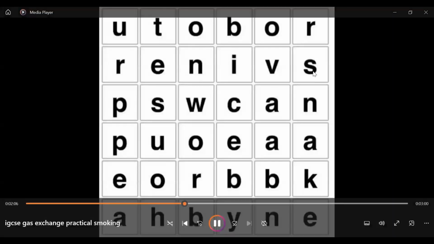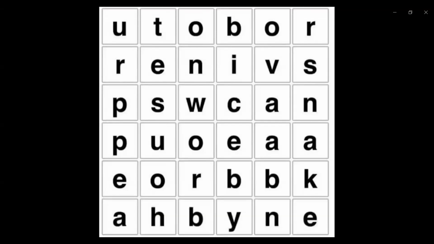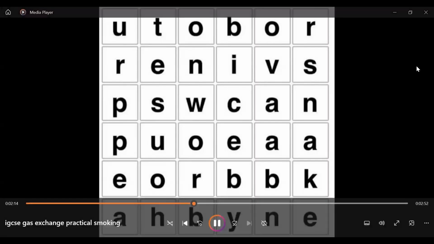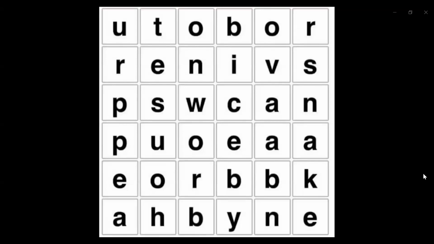So let's start. The problem is some letters at the top cannot be seen. The online students can type the word in the chat and send it to me.